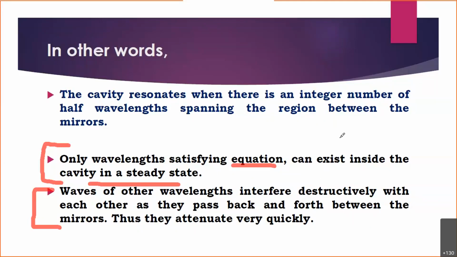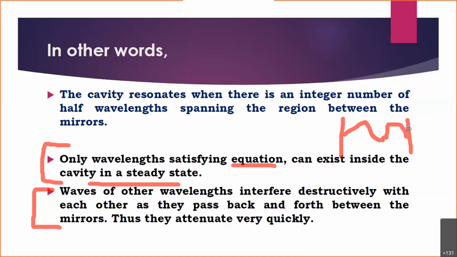Now someone is asking that if energy can decrease, amplitude should also decrease. Let me explain: consider two mirrors, with signals going back and forth from one mirror to the other.